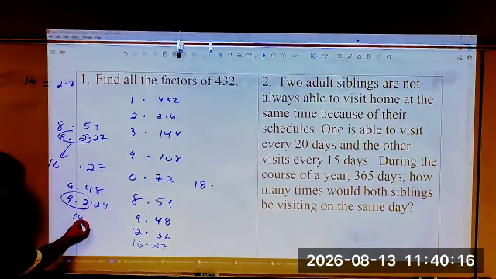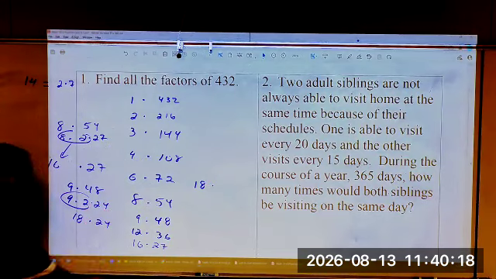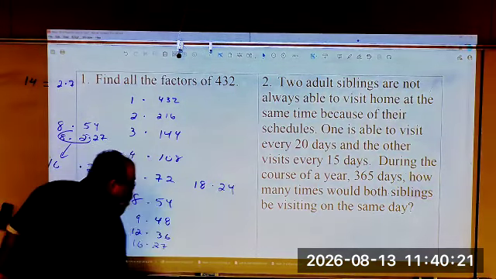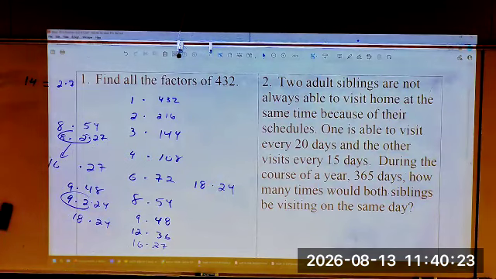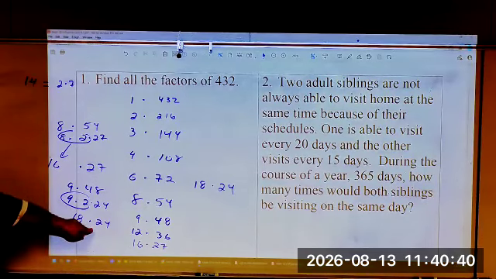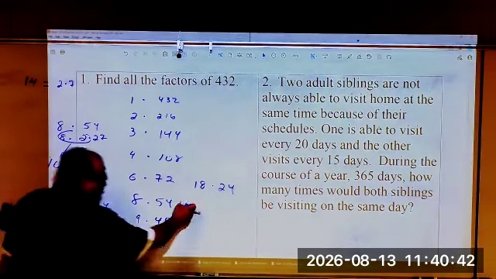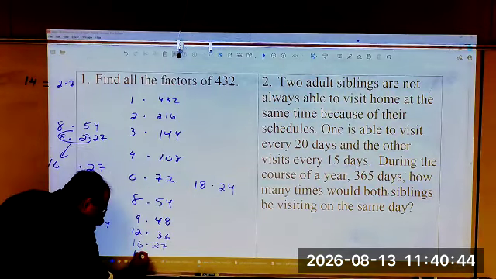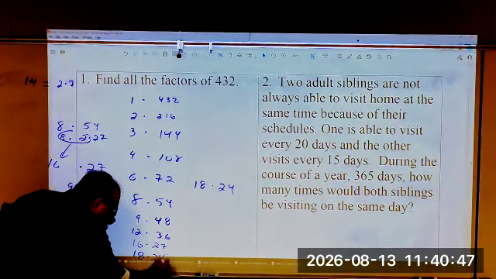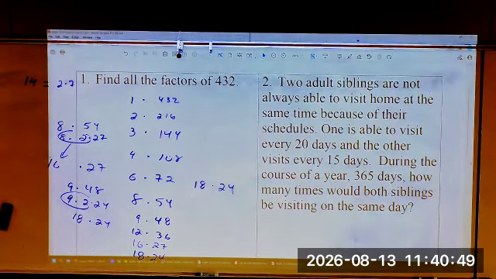I'm going to get 18 times 24. 19 is prime, no. 20, it doesn't end in a 0. 21 needs a 7. No. 22 needs an 11. So no. 23 prime, so no. 24. I've already got the 24. So the next one would be 24 times 18. Once you start with the reversal, you have every single one.